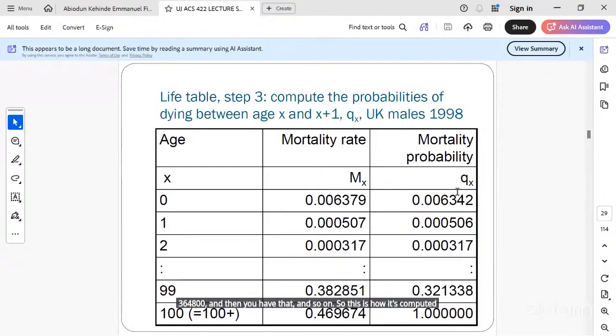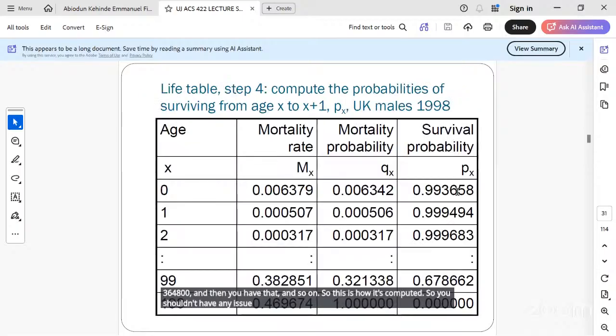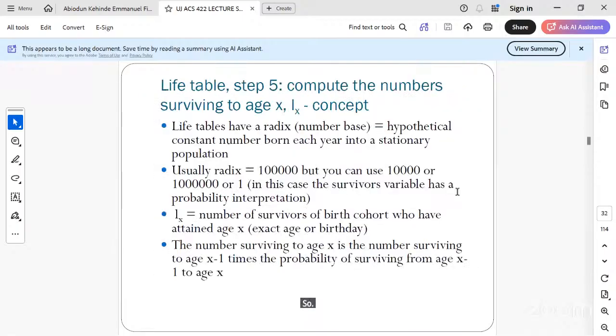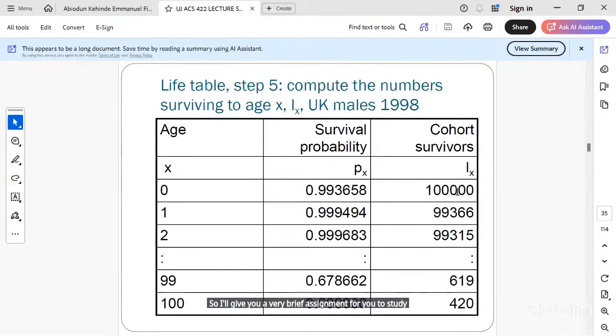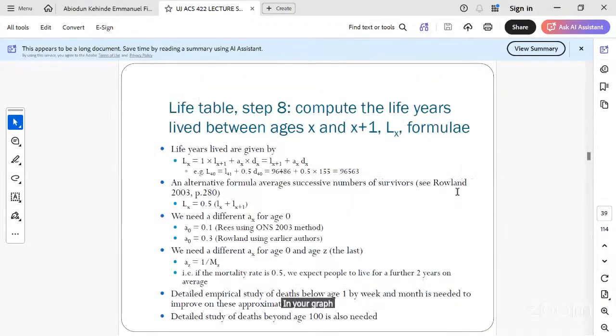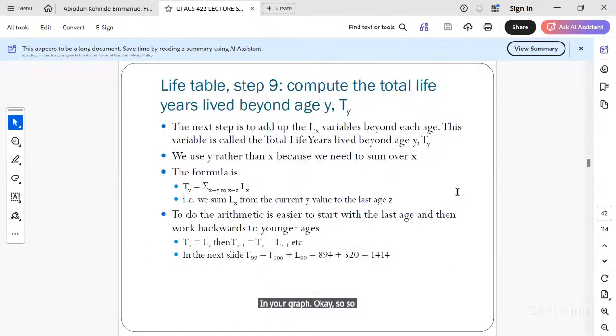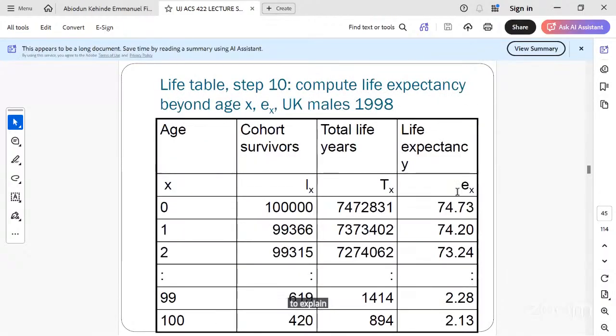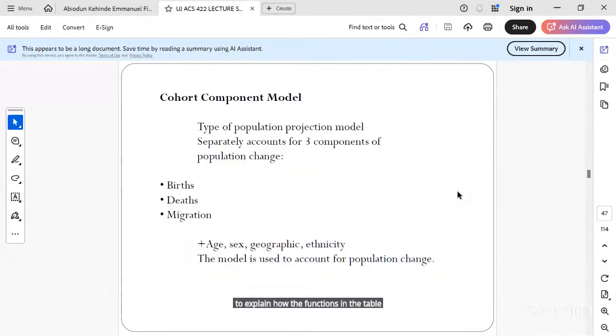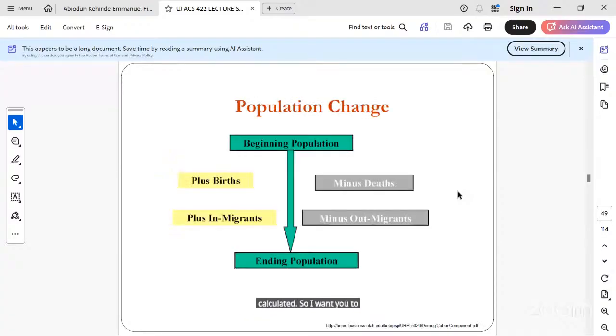So you shouldn't have any issue in computing. I've given you a very brief assignment for you to study, and let's see if you will notice some of my descriptions in your graph. All of this helps to explain how the functions in the table are calculated. So I want you to have a look at it.